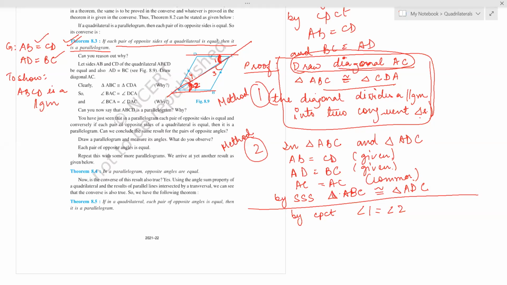Now do just the reverse of this. It is given that the corresponding angles are equal, and it implies that the lines are parallel. So basically it is called the converse of corresponding angle theorem.